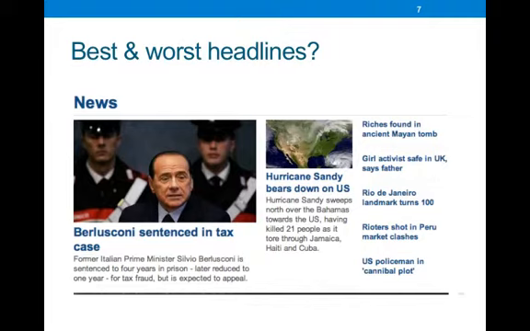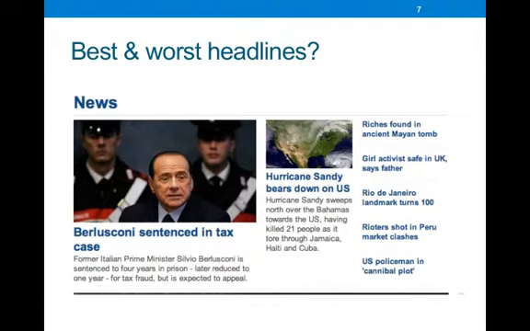You might make that same argument for "U.S. policeman in cannibal plot," but just the term cannibal plot is probably enough to make me click because that's really unusual. The best headline here is tough to judge because I think most of these headlines are really pretty strong.